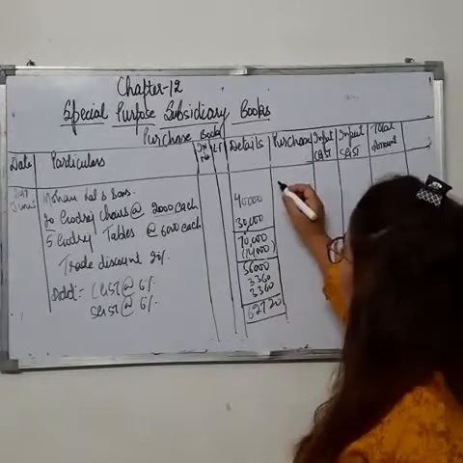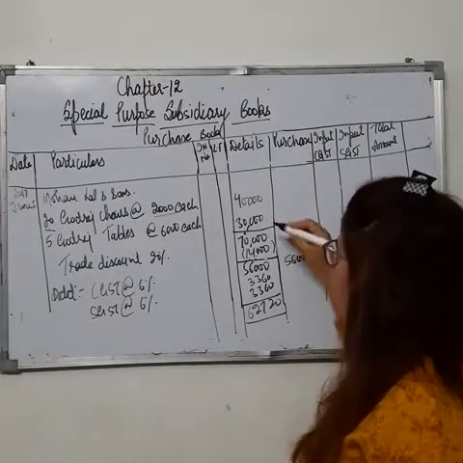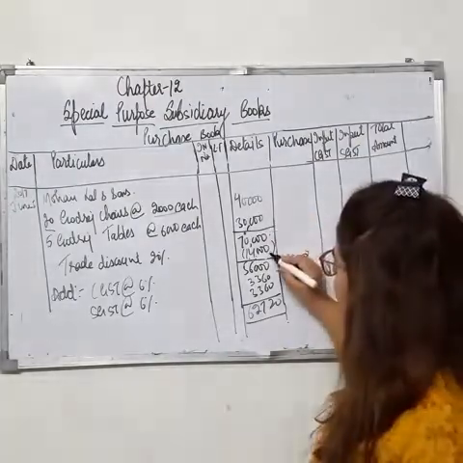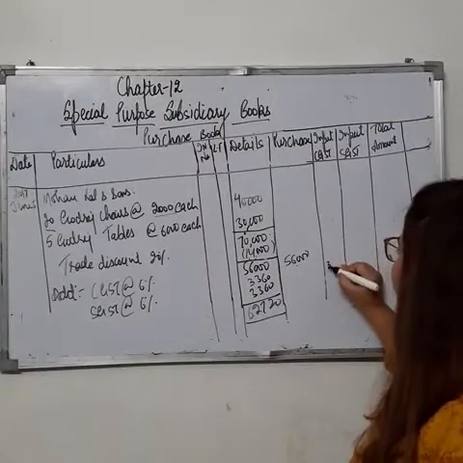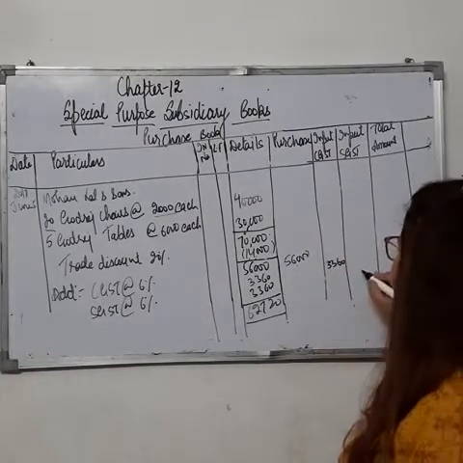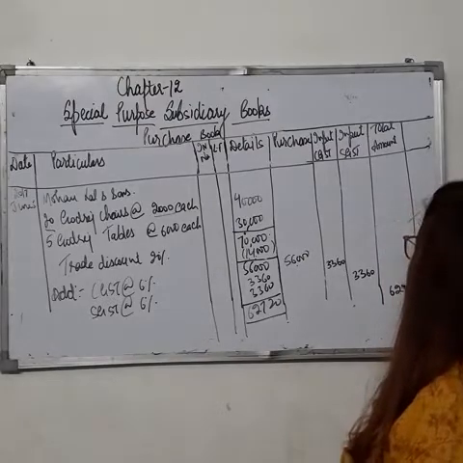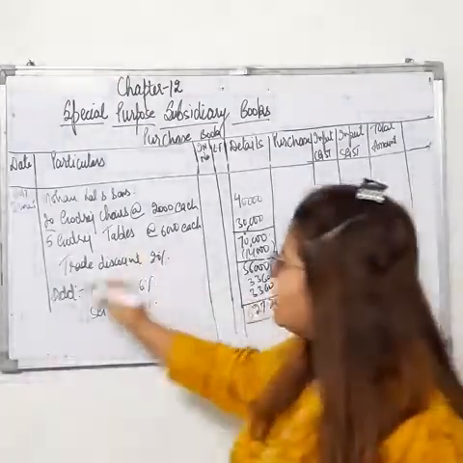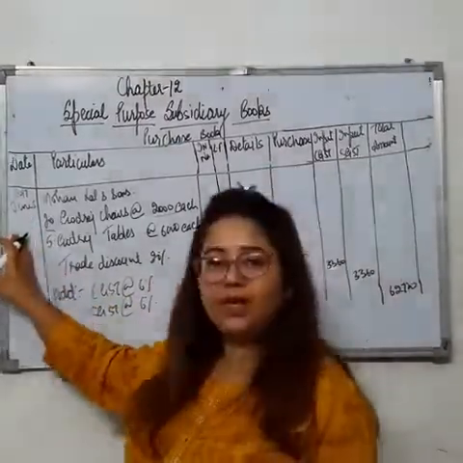See, now which amount do I have to write in the purchase column? It's 56,000, the total amount after deducting discounts. Now what is CGST? It's 3360. What is SGST? 3360. And what is total? 62720. So this is how to solve the transactions on a particular date, right?